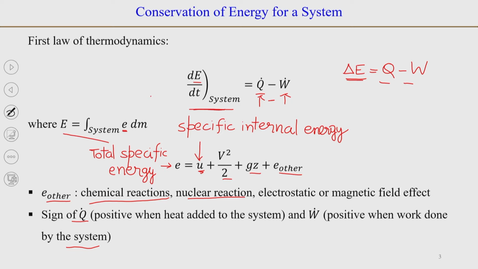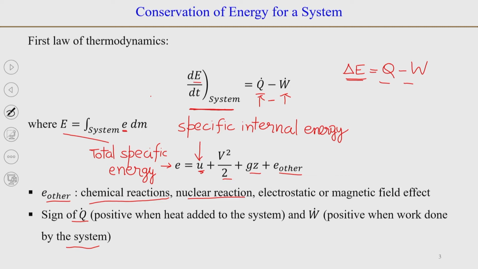So, let us apply Reynolds transport theorem to change this formulation to a control volume formulation. We are going to write the rate dE by dt for a system, and convert it using Reynolds transport theorem to the formulation for a control volume.